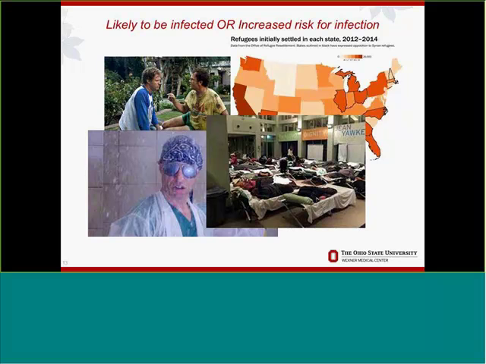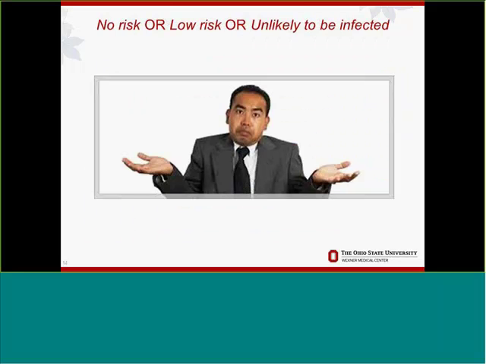These are all categorized in the increased risk or likely to be infected group, although within those groupings there are clearly some people that are higher risk than others. Then there's no risk or low risk or unlikely to be infected. Those are also terminology that you'll see associated with the bottom grouping of risk.